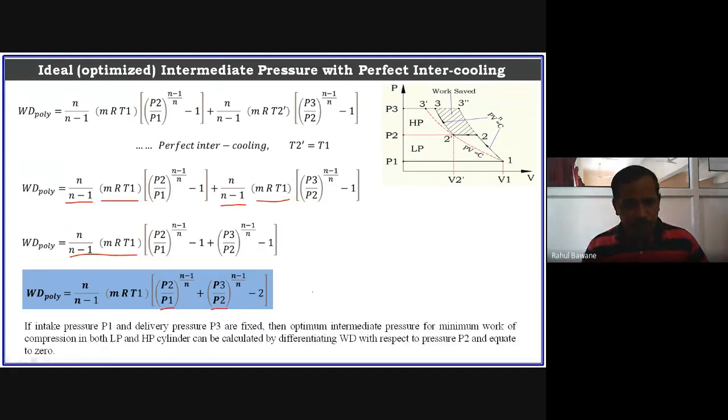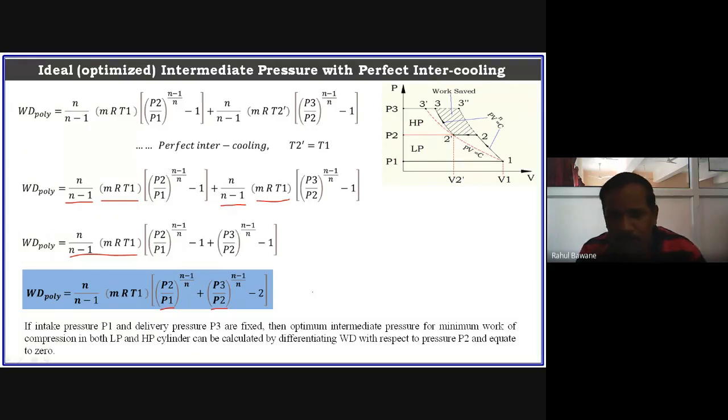Now suppose the suction pressure P1 and delivery pressure P3 are fixed. That means your customer says, I will take air at this atmospheric pressure P1 and I am going to deliver this compressed air at pressure P3, but I want this compression in 2 stages.